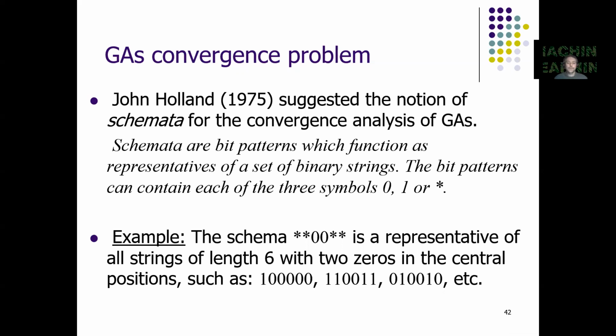So you can have, for example, strings like 1, 0, 0, 0, 0, 1, 1, 0, 0, 1, 1, 0, 1, 0, 0, 1, 0, etc. You can produce different kinds of combinations, but the zeros in the center have to remain. These are fixed, and the stars are going to change. The asterisks can take either the value of 0 or 1. So this schema represents a number of possible strings in this particular population.